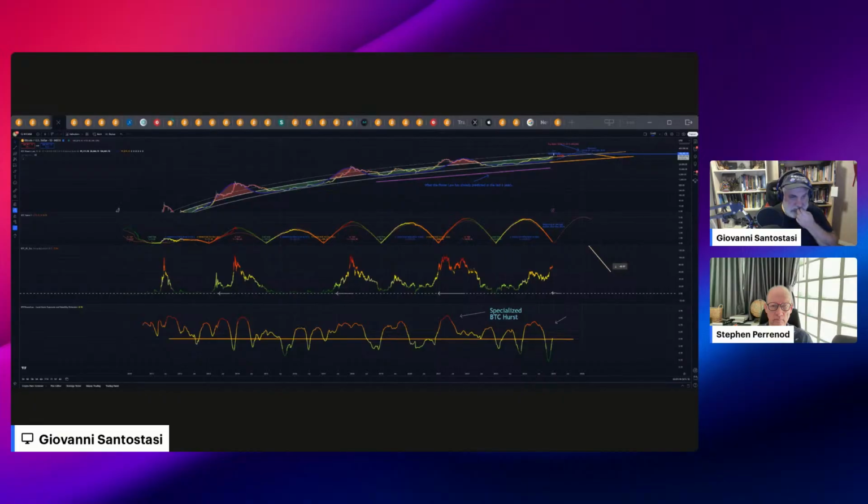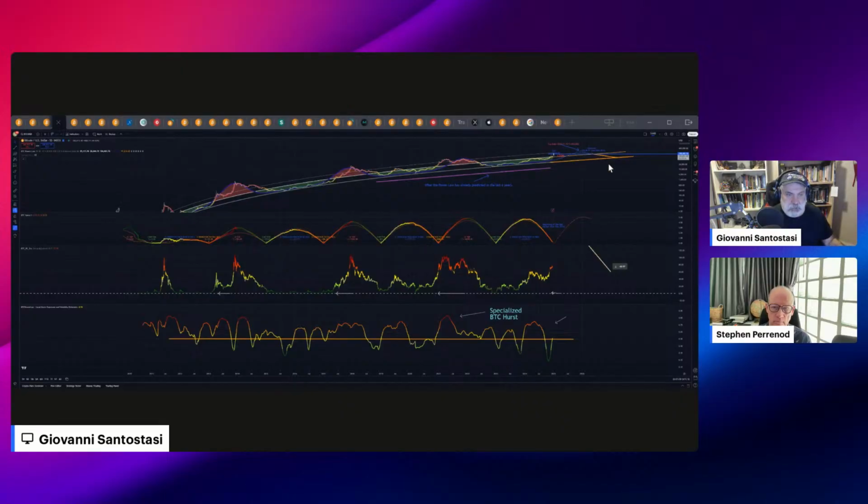I have this TradingView indicator that I developed. One of the recurrent themes in our meetings here is the idea of a power law. We use the power law as our current best model that allows us to understand what happens with Bitcoin.